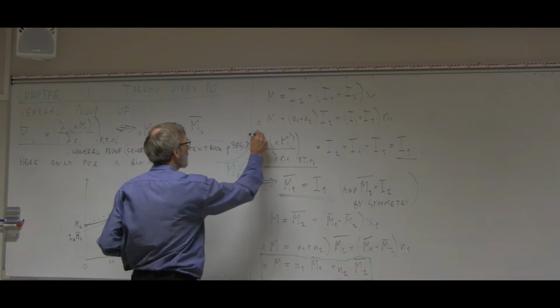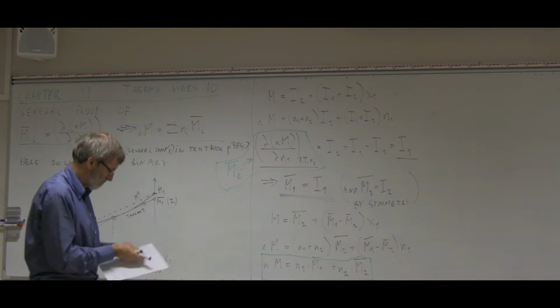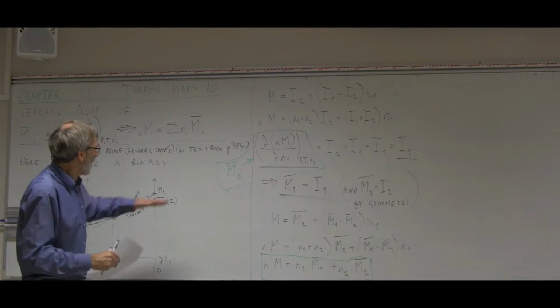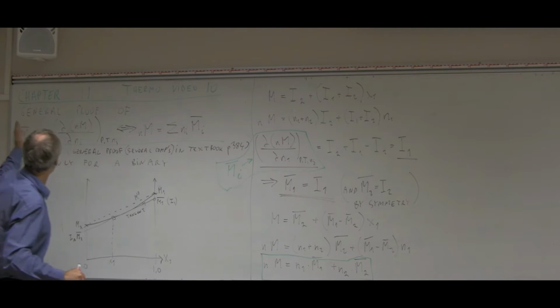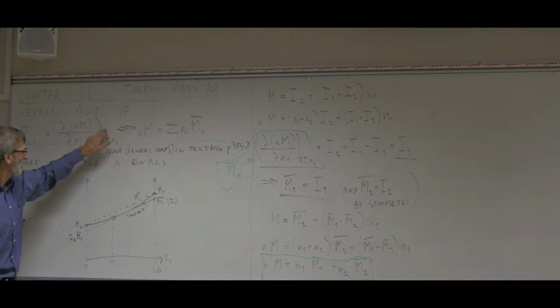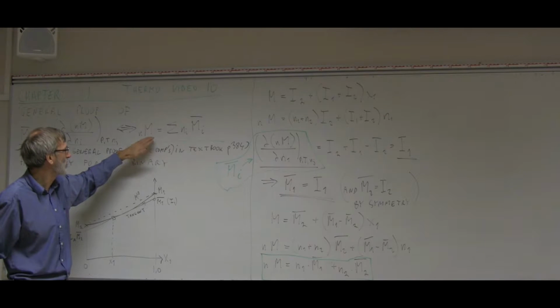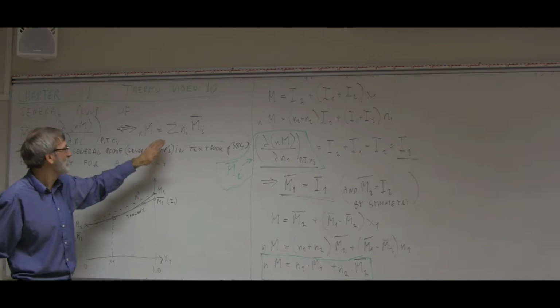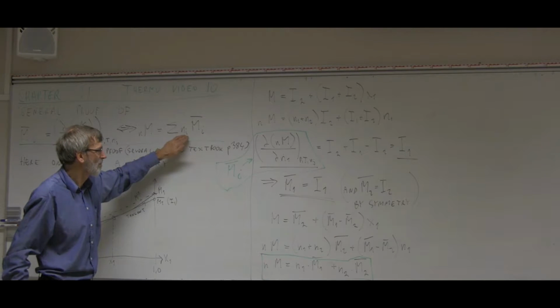So what we try to prove is that we have this connection: if we define the partial molar property this way, that is equivalent to stating that the total property is the sum of partial molar property times the amount.